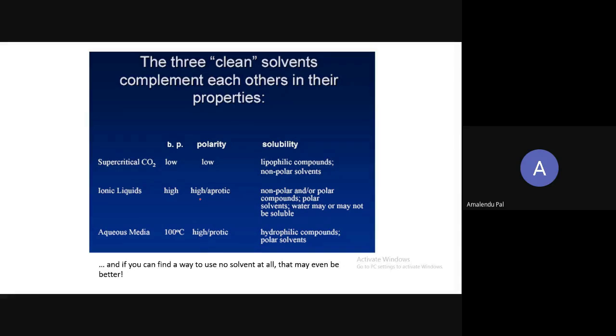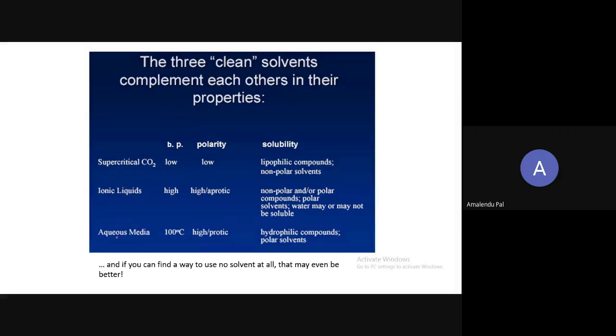Low vapor pressure. Polarity is high, aprotic. Non-polar and polar compounds, polar solvent; water may not dissolve them, but in some cases they are soluble. Some ionic liquids are water soluble.